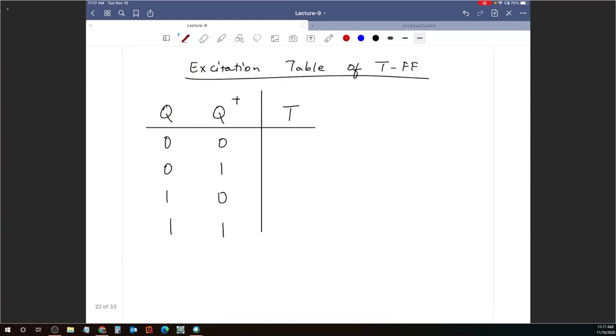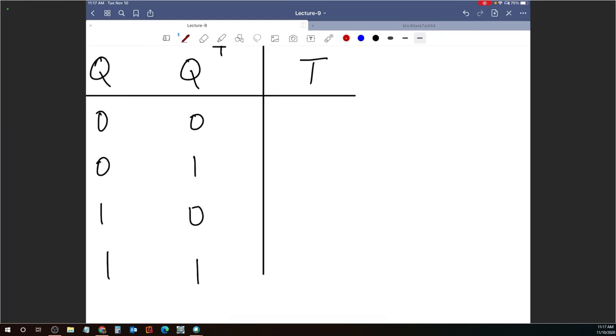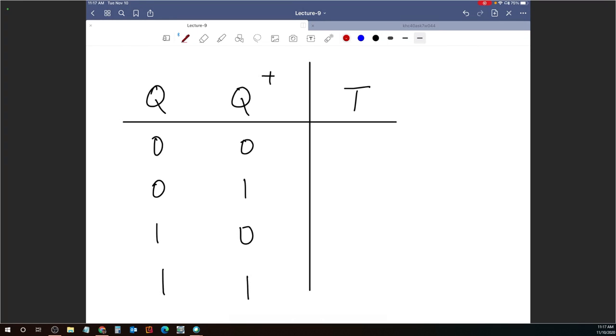Next, let us try to derive the excitation table of a T flip-flop. And you guys need to help me with this. This is the excitation table, and this is for the toggle flip-flop. So 0 to 0, what should I enter at the top? 0, 1, 1, 0.